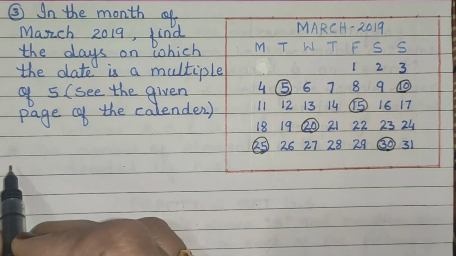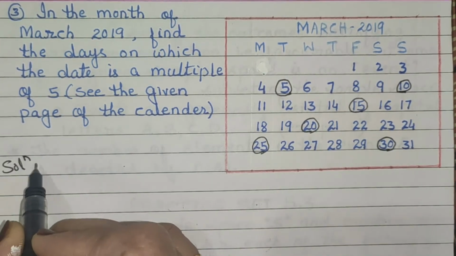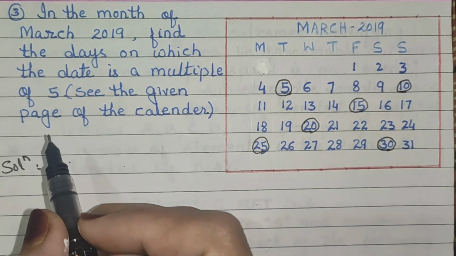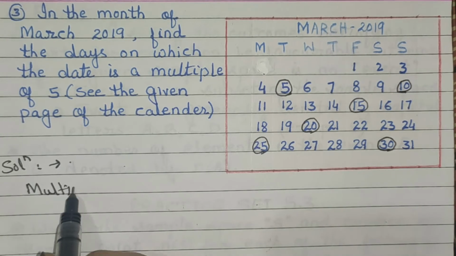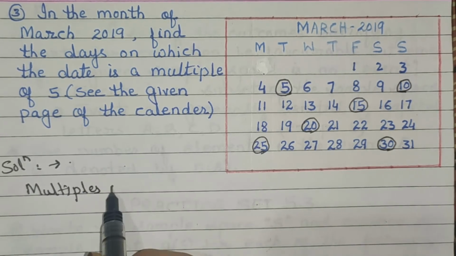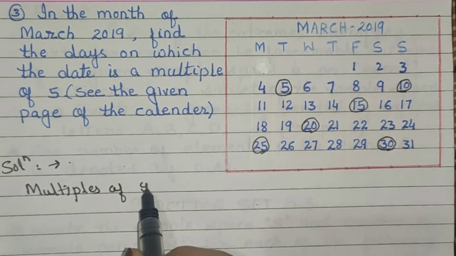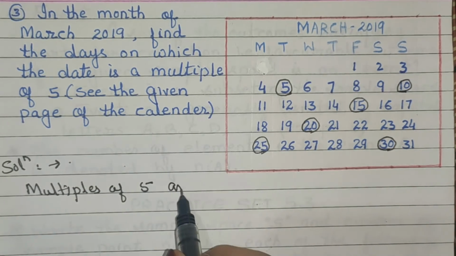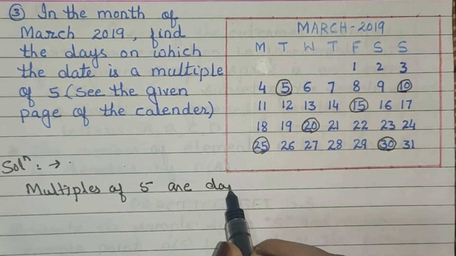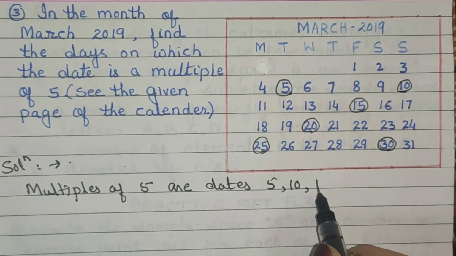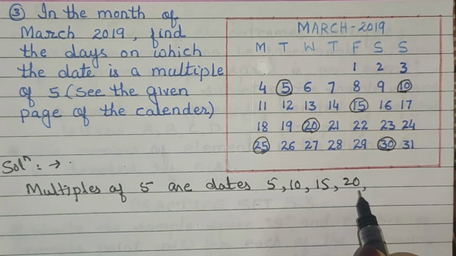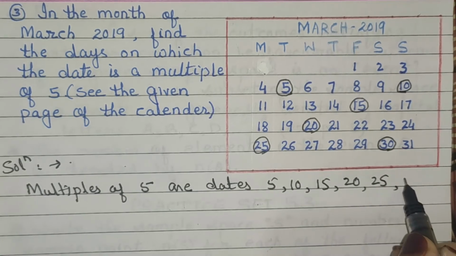Now write down the solution here. Multiples of 5 are dates 5, 10, 15, 20, 25 and 30.